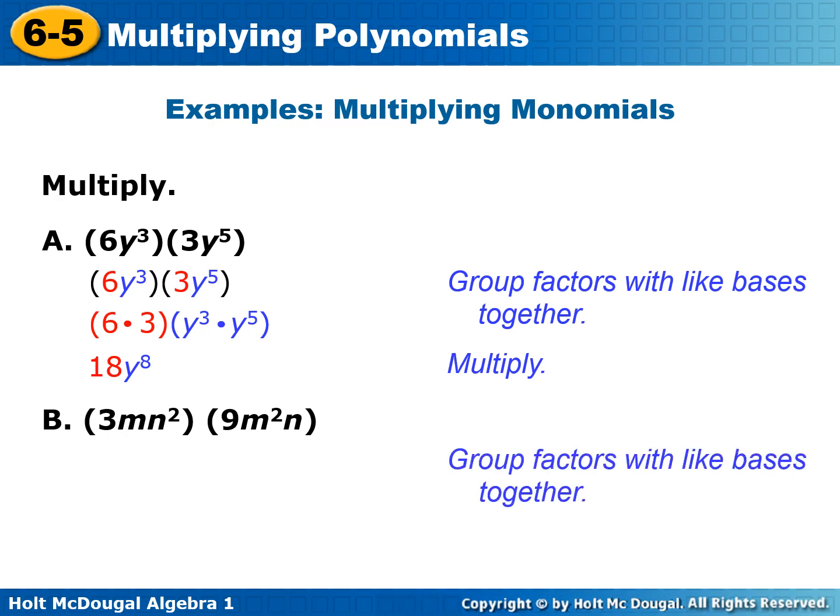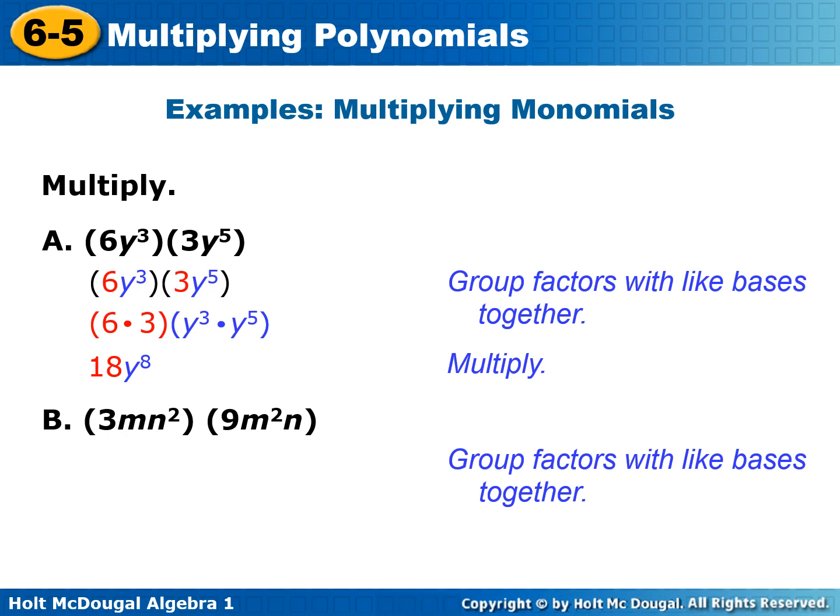Okay, same concept applies with example B. So we have here 3mn squared times 9m squared n. Right, so the quantity of 3mn squared times the quantity of 9m squared n.